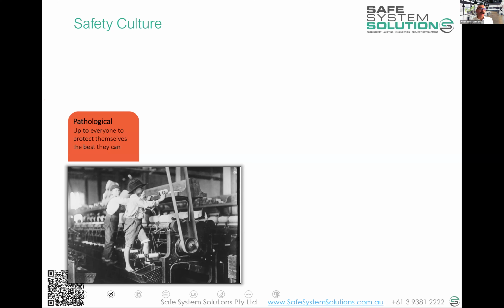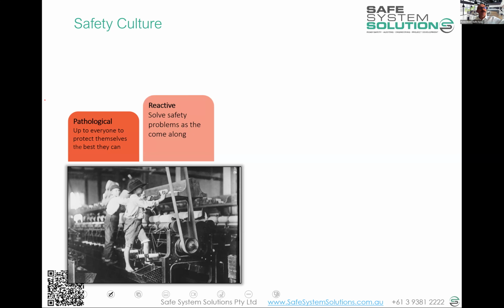By open system, I mean people came in and they worked and they were employed, but they would also be given a bit of training, a bit of information, told the areas that are dangerous, and then told, hey, you have to be safe in here. This is really dangerous. Factories are very dangerous. You have to protect yourself and make sure you are safe. And so if you are pushing responsibility for safety to an individual in an inherently unsafe environment, that's what we call a pathological safety culture.